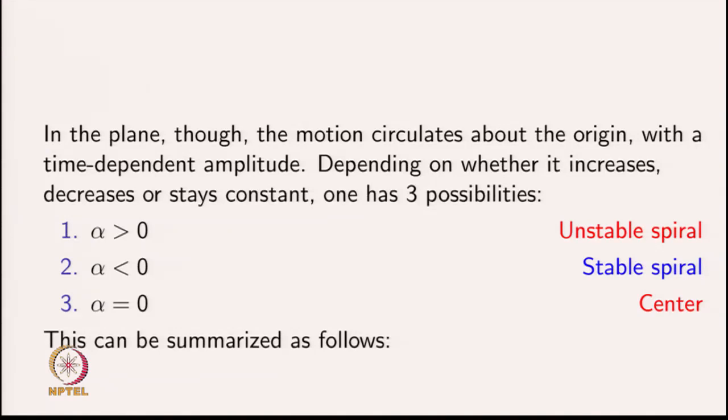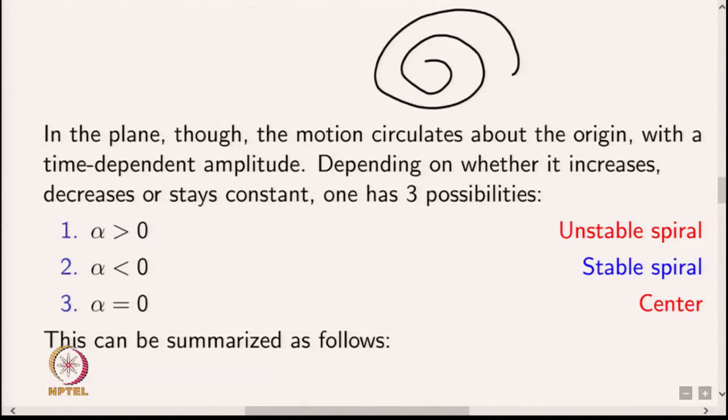Now, since the motion is in the plane x1, x2 or y1, y2, the motion will circulate about the origin with a time dependent amplitude which depends on the alpha. One again has 3 possibilities: alpha positive, in which case it is spiraling outwards, because the amplitude is moving, if this is the fixed point, things are moving outwards.